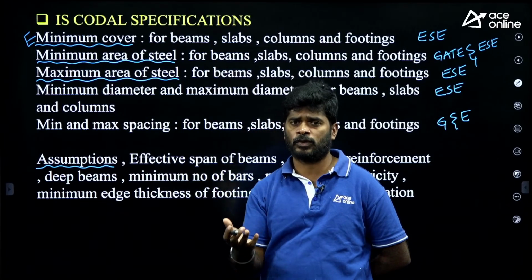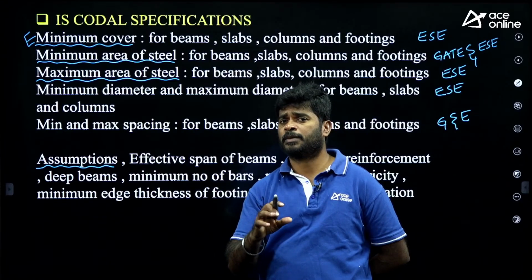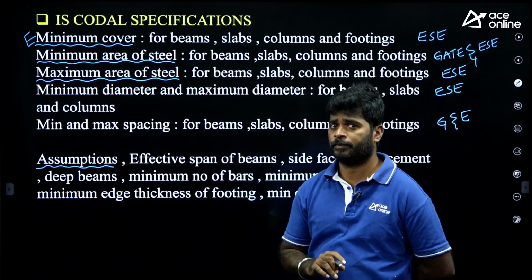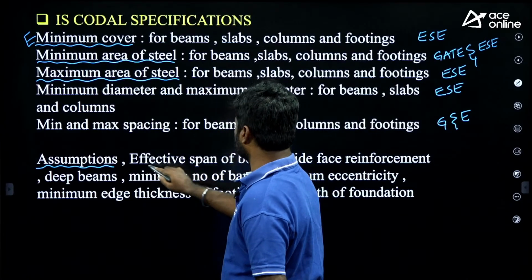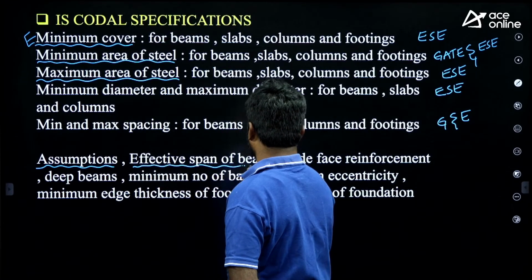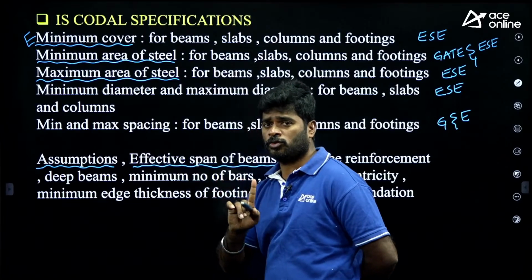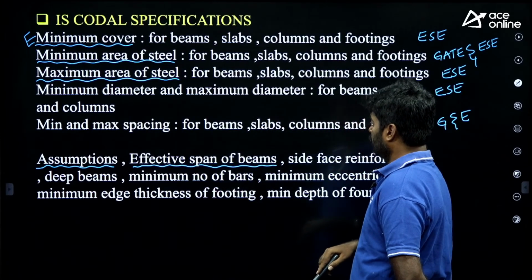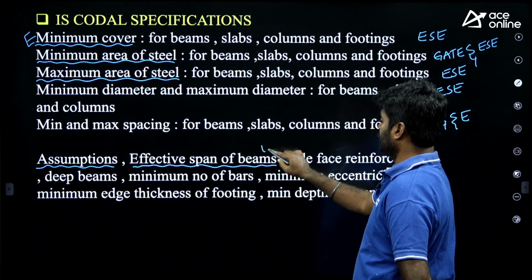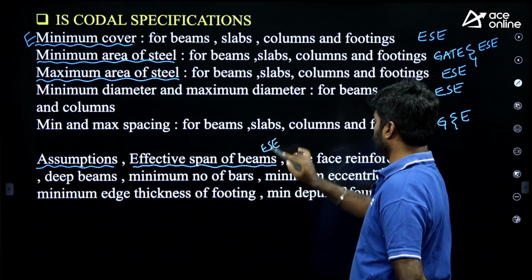At 3 places only we have seen. Maybe in statement type questions you may expect, either in GATE or in ESE. Coming to the effective span of beams, you may expect a question in ESE.